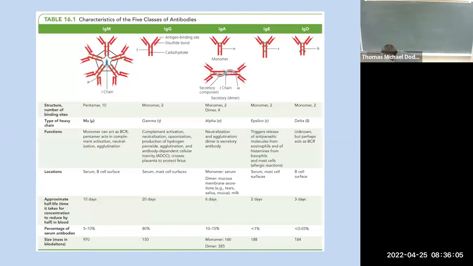Okay. So here's what they kind of look like. I'm gonna bend down for a second. My leg is hurting. So here is an IgM. You can see it's definitely very different. It's one of the first ones produced. Now, why do you think it might be like this as opposed to that?